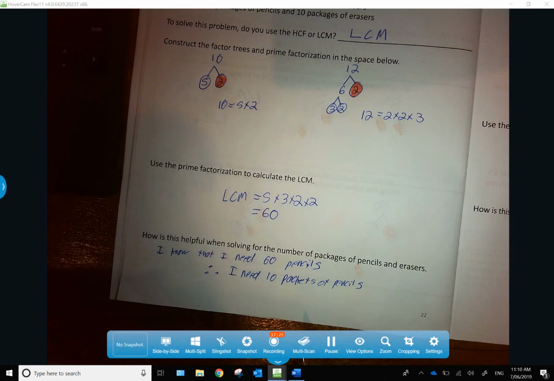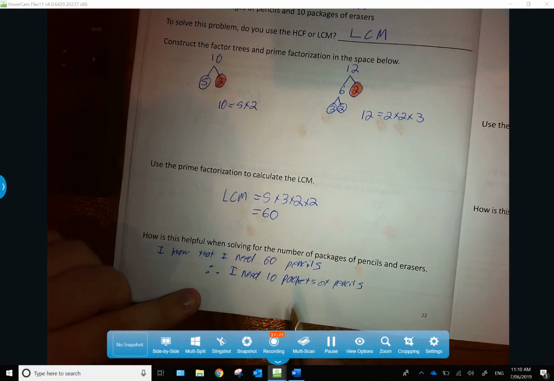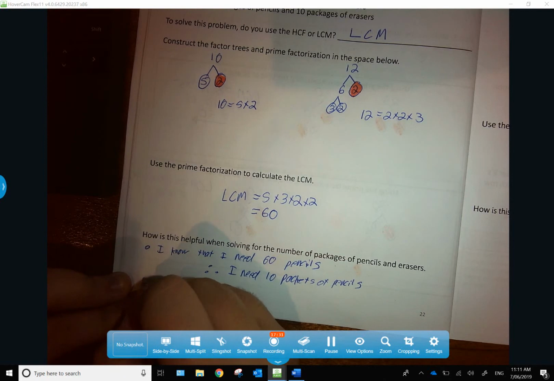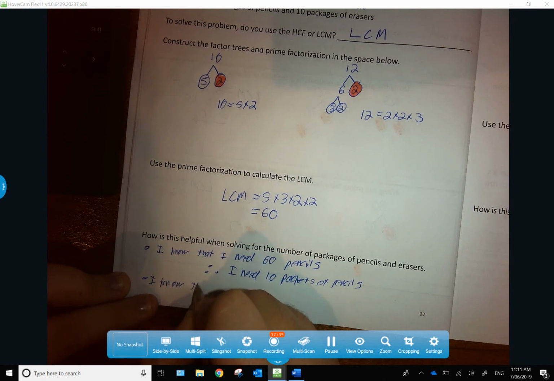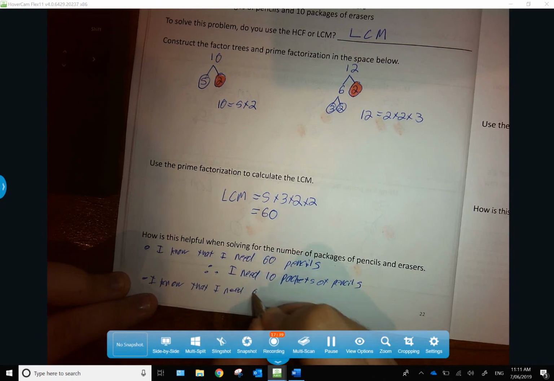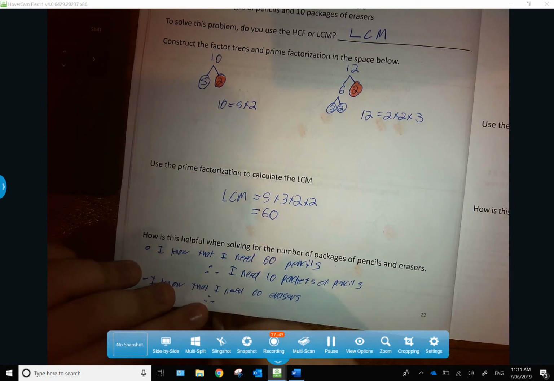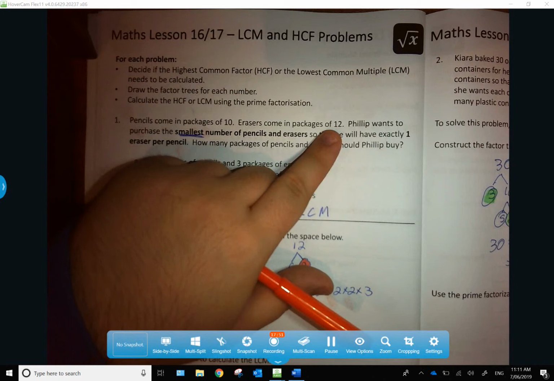Okay. And you could say the same thing for the number of erasers. I know I need 60 erasers. Therefore, I need, well, how do I get 12 to become 60 by timesing?